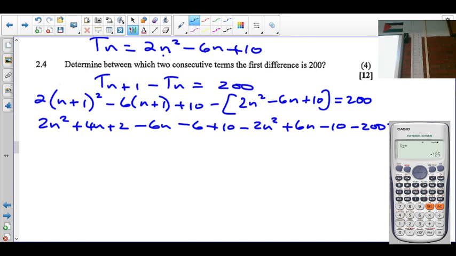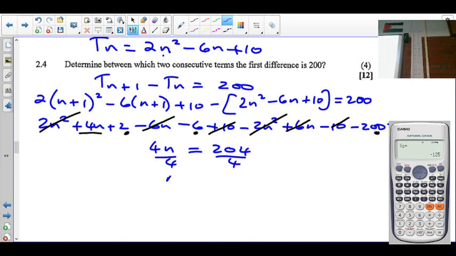Okay? Of course that cancels. 6n cancels. 10 cancels. So I'm left with 4n is equal to, now 2 minus 6 is minus 4. Minus 4 minus 200 is minus 204, which becomes positive 204.